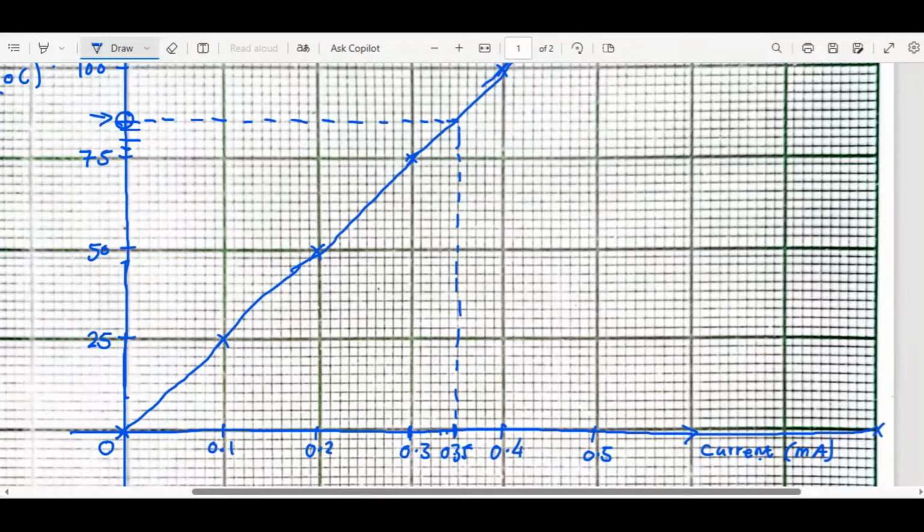So according to my calculation, this is 85 degrees Celsius. So that's our final answer, 85 degrees Celsius. So to summarize this question, we are just saying that when current was 0.35, the temperature was 85 degrees Celsius.